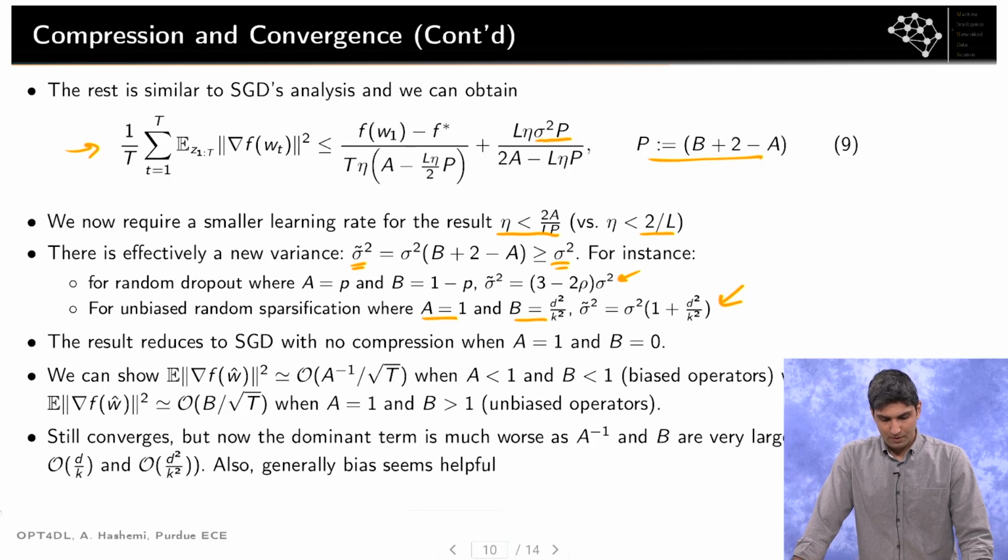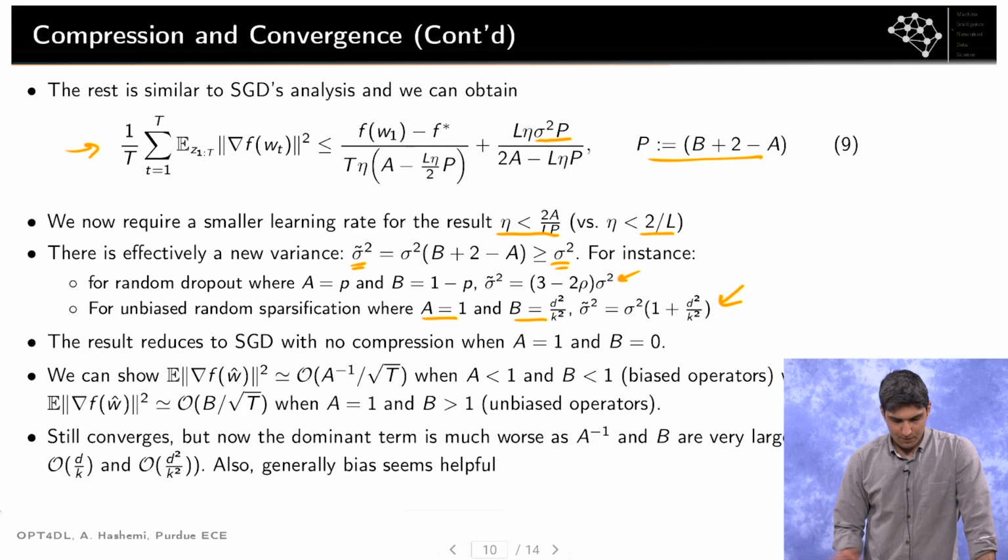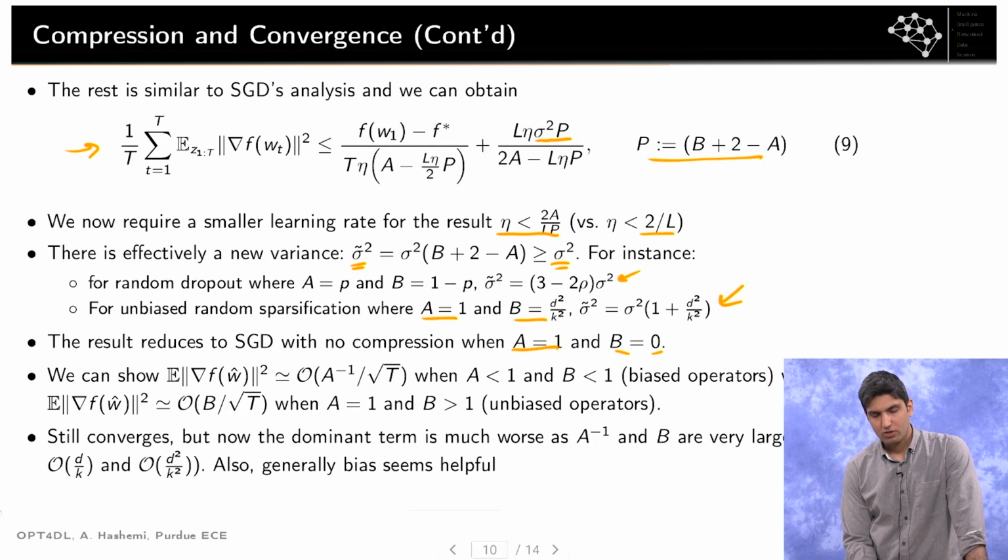So this again highlights the fact that biased compression mechanisms could be better than the unbiased ones due to the fact that they have a significantly lower variance, which could be less detrimental, therefore, to our convergence results.